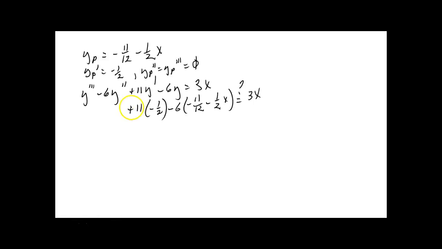Okay? 11 times minus 1/2 would be minus 11 halves, right? Minus 6 times a minus 11/12 would be plus, 6 will go into 12 twice, 11 halves, right? Minus 6 times minus 1/2, now this will be a 3.